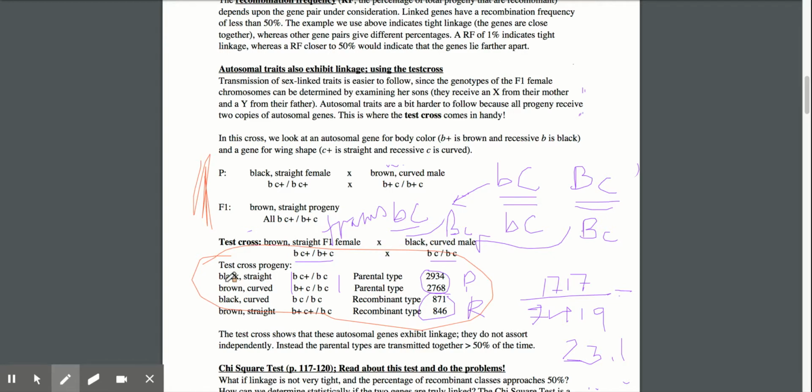We would have to know which is dominant and which is recessive, right? We would have to know that black is the mutant and curved is the mutant. And then with these data alone, we could figure out that it's linked, that our parentals are in trans, and then we could calculate our map distance or percent crossing over.